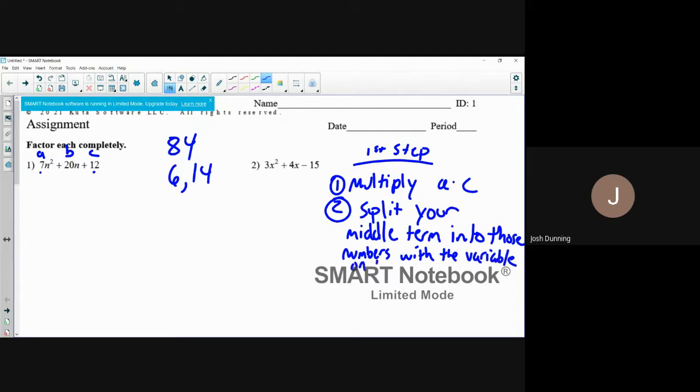We can do this because 6 plus 14 is 20. So I'm going to say 6n plus 14n. Then you drop the other n's down.